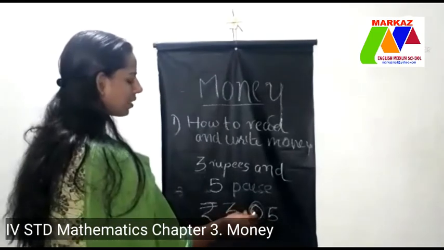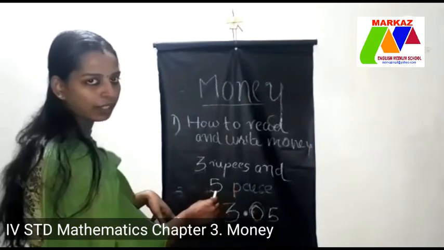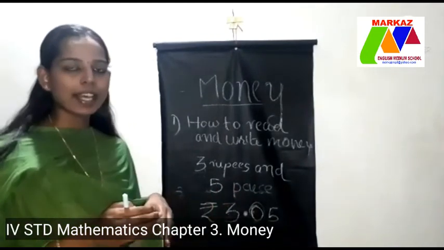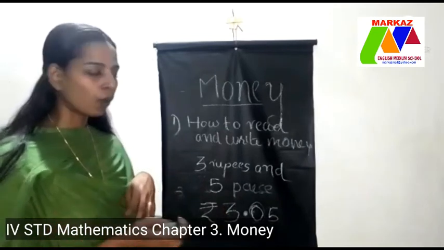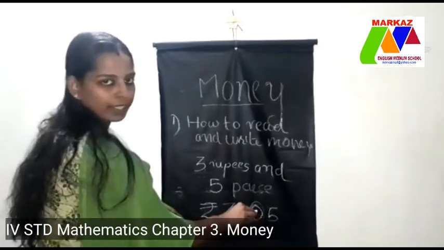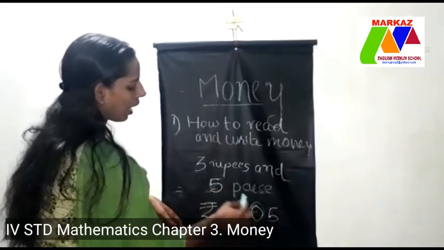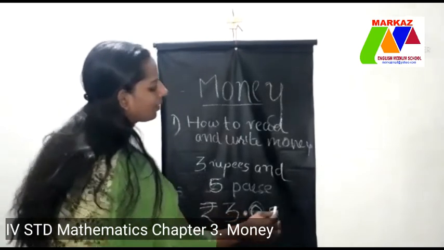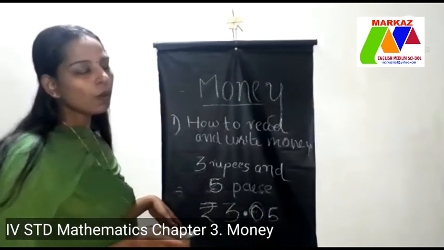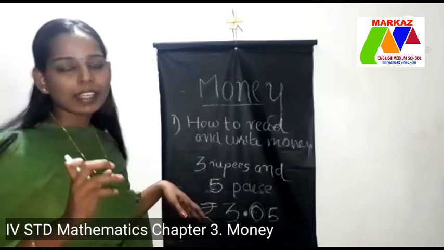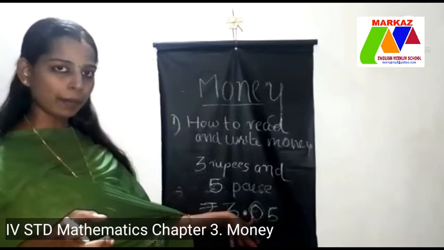The reason is simple, because the paise here is 5. If the paise is less than 10, we have to put a 0 after the decimal point. So if the paise is 6, we put a 0 and then write the 6.